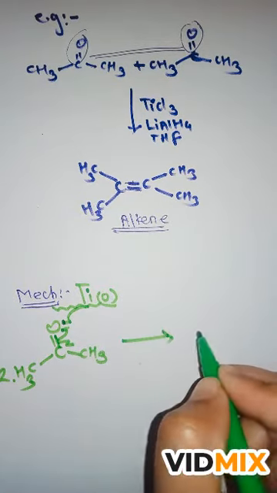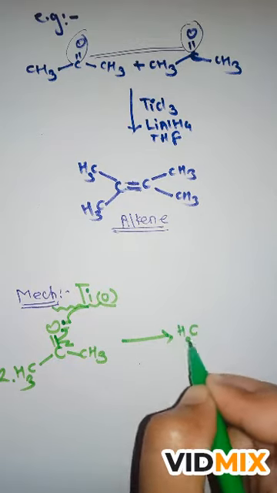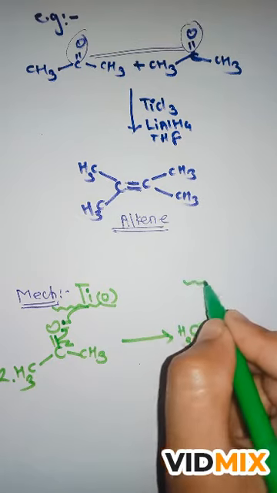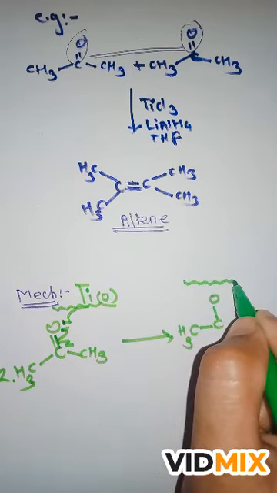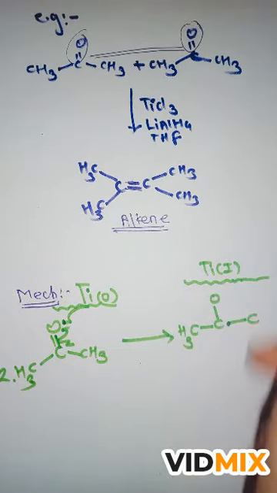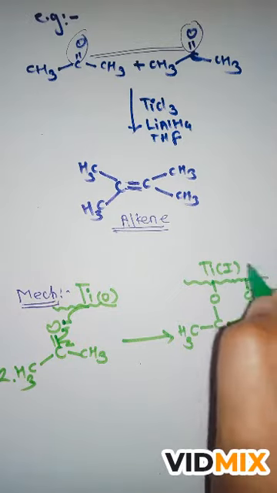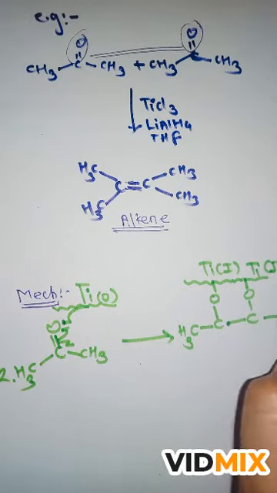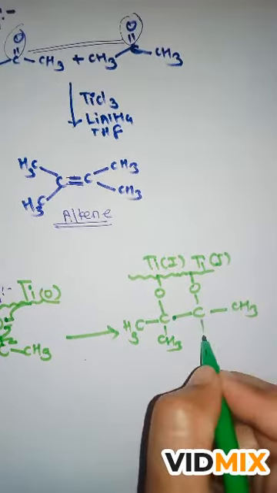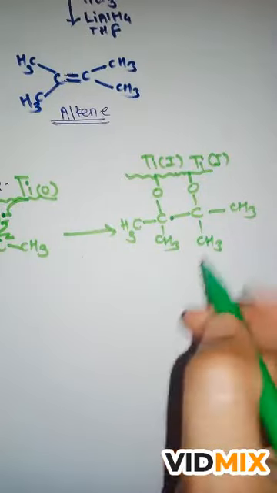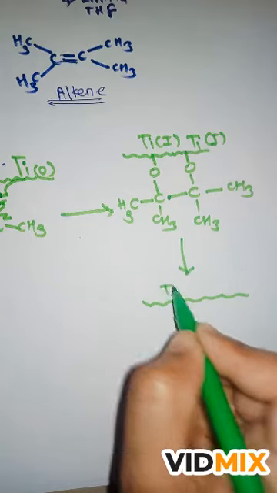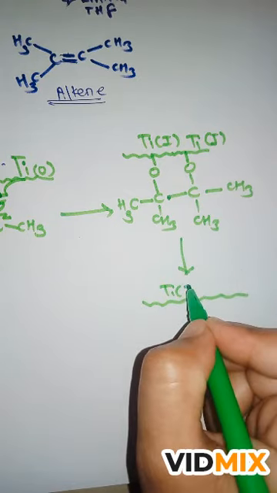So we write here like this: CH3, C, O. We write here separately. This is the surface of titanium, Ti, and this is another CH3, C, O, this bond to Ti, this CH3, CH3, CH3.